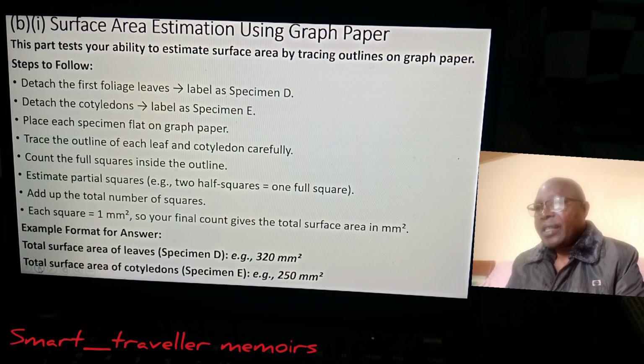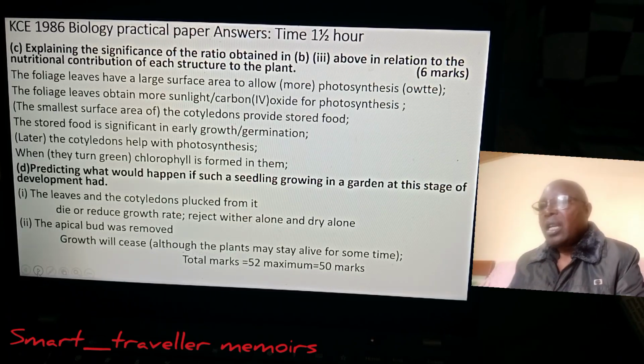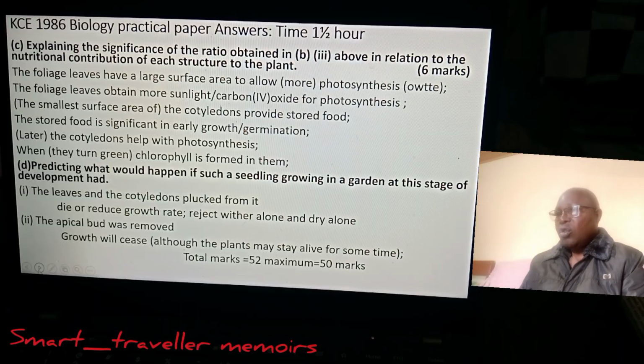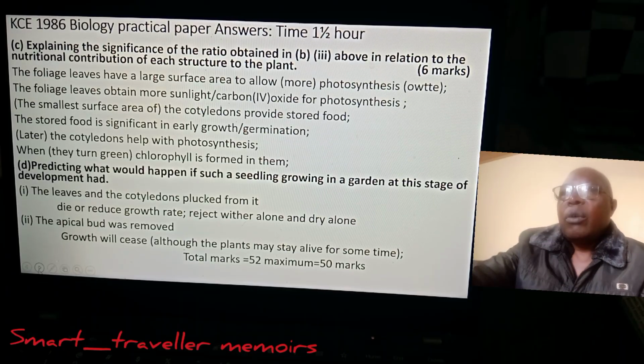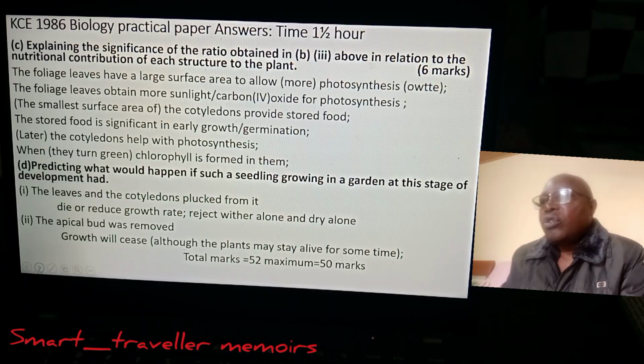Example format for the answer: total surface area of leaves of specimen D, e.g. 320 millimeters squared, or total surface area of cotyledon specimen E, e.g. 250 millimeters squared.